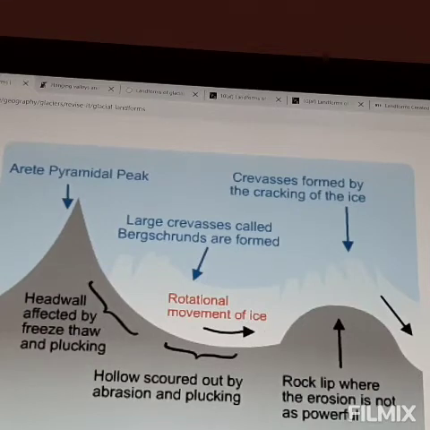So the cracks marked on the glacier because of the splitting up of ice as a result of its unequal movement are known as crevasses. You can see the cracks. Crevasses are formed running from margins to the middle across the glacier.